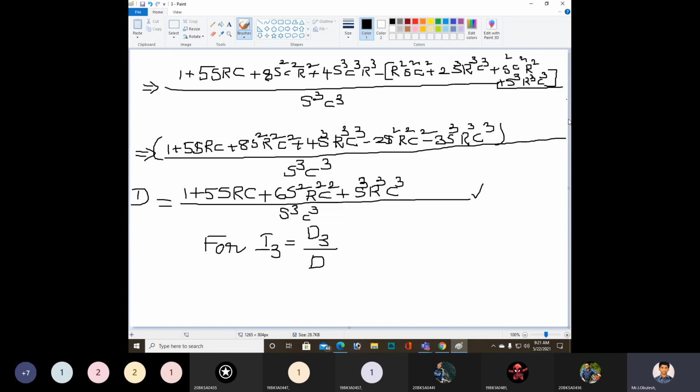D3 value is equal to, you know it already, 1 plus SRC by SC minus R. You have that equation, right? Loop 3 equation. You need to write the loop 3 equation, right? Then tell me what you will get. You need to take only I3, right? Fine, tell me.